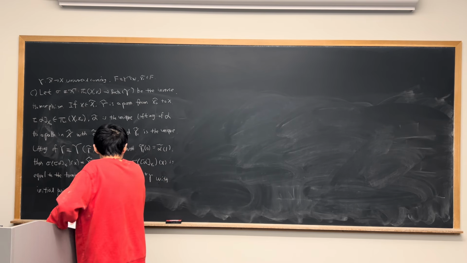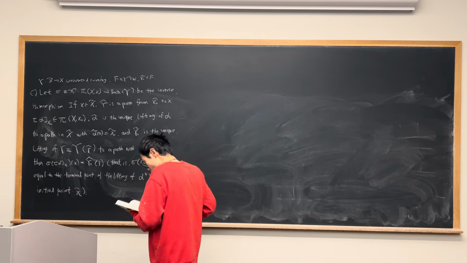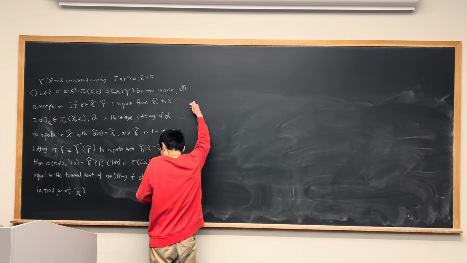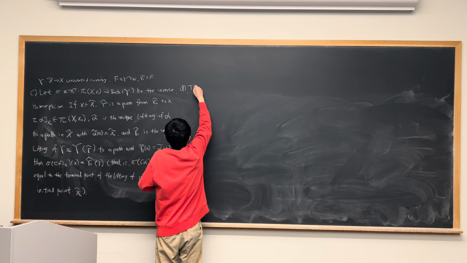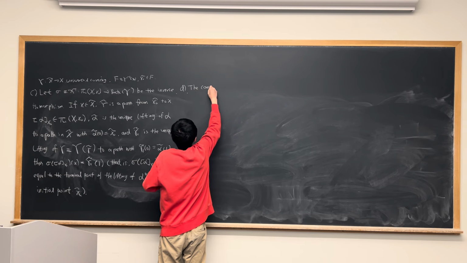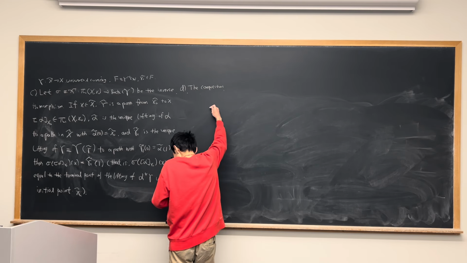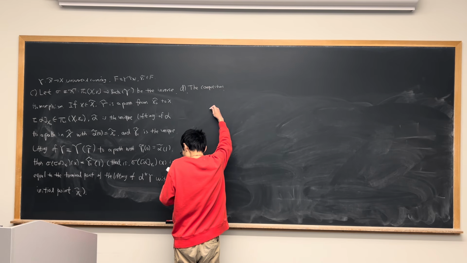Okay, so for part D, you have the composition pi 1 of x naught to deck gamma to f.